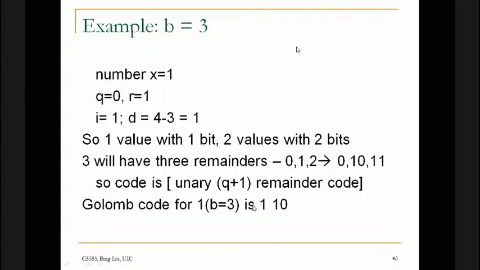So the unary representation is 1. And the remainder is also 1. The remainder 1 is coded with 2 bits, that is 1, 0. So the Golomb code for digit 1 with base 3 is 1, 1, 0.